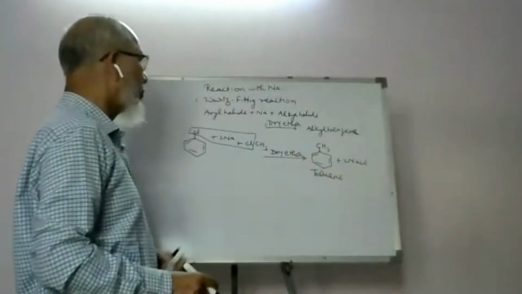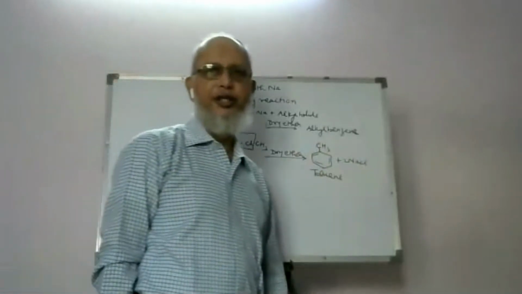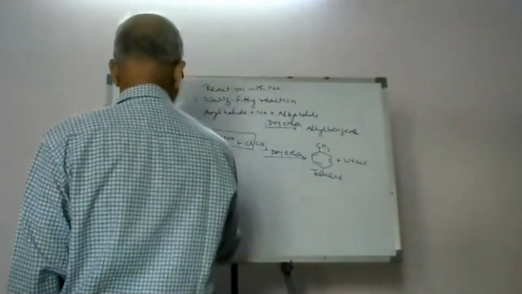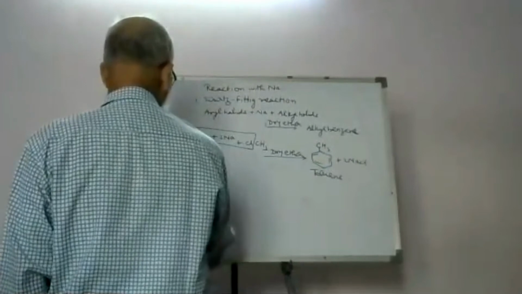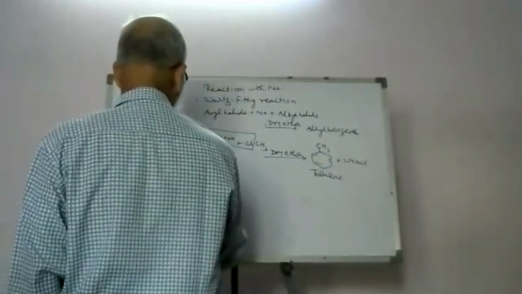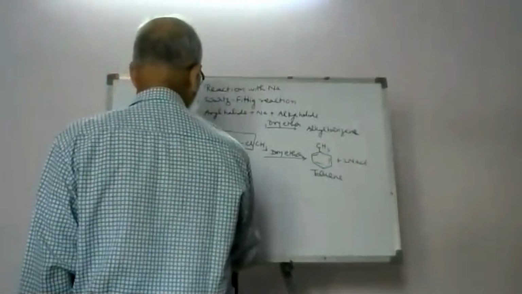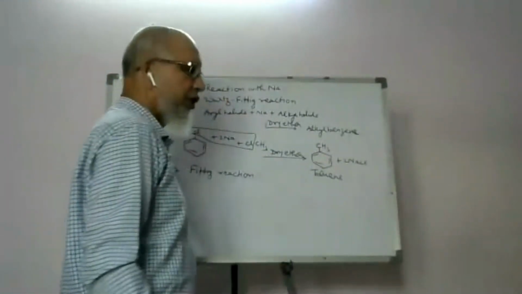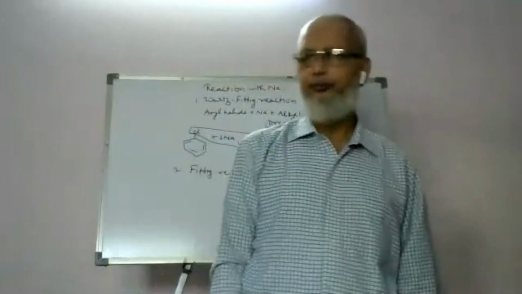But if we take both the molecules of the aryl halide, then this reaction is called Fittig reaction. So in case of Fittig reaction, we take two molecules of aryl halide and there is formation of diaryl or biphenyl.